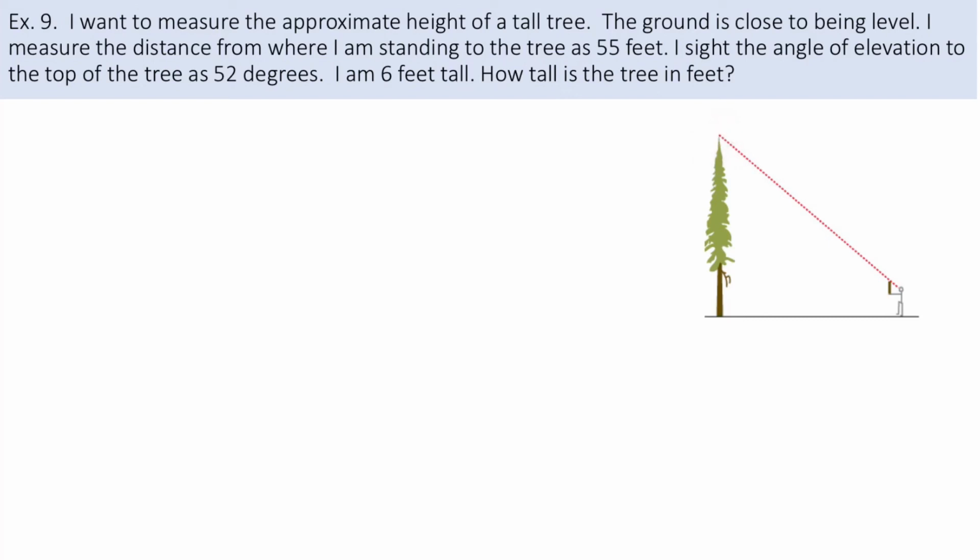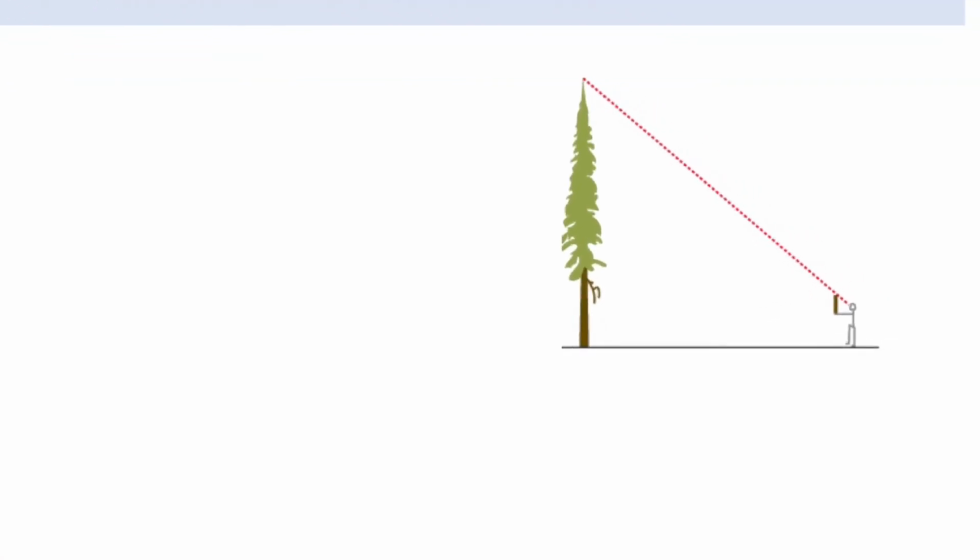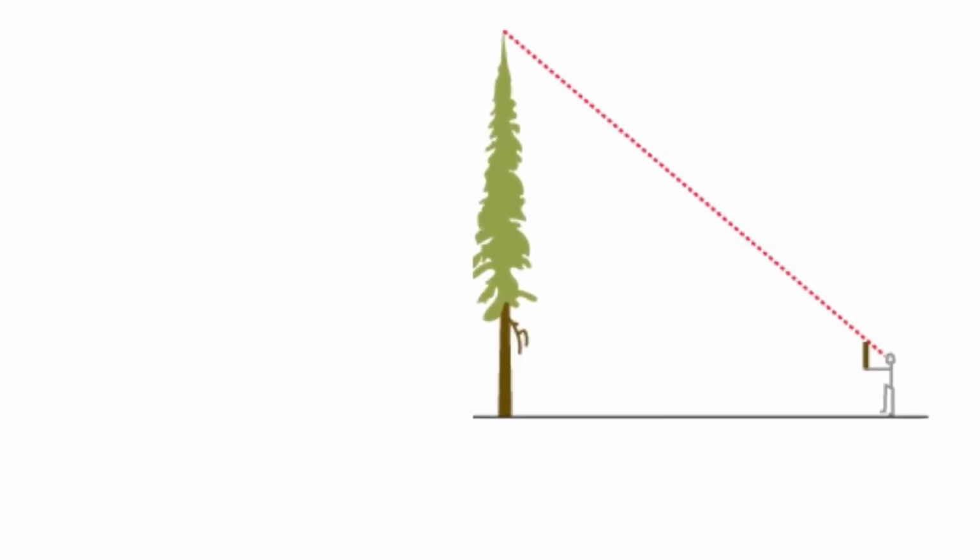All right, so let's enlarge this picture a little bit so I can draw on it. The person is 6 feet tall. This will be your right angle right here. And the person says they're 55 feet from the tree.